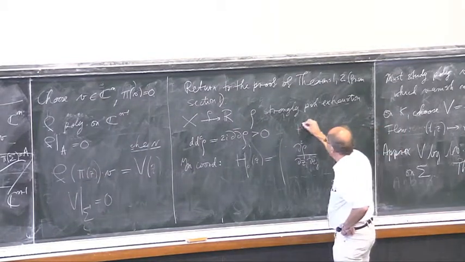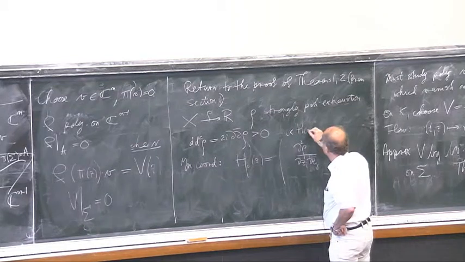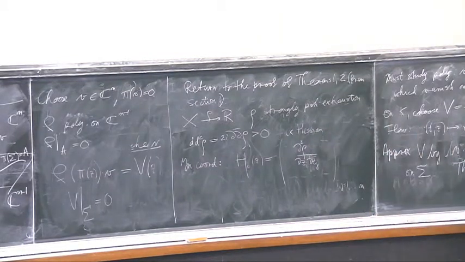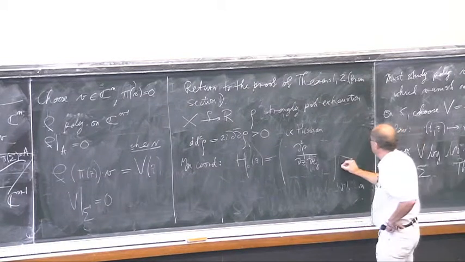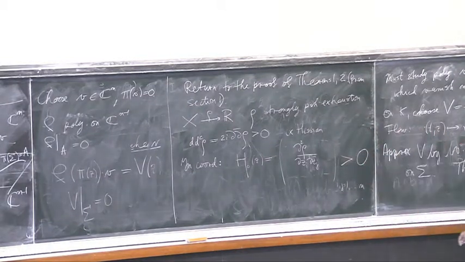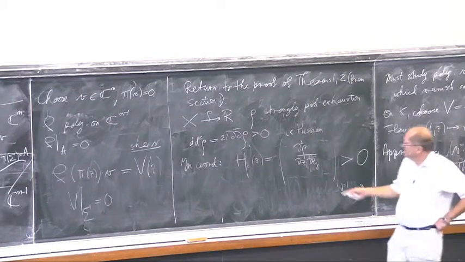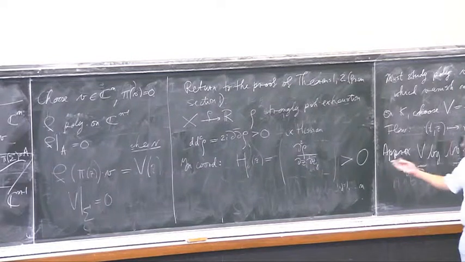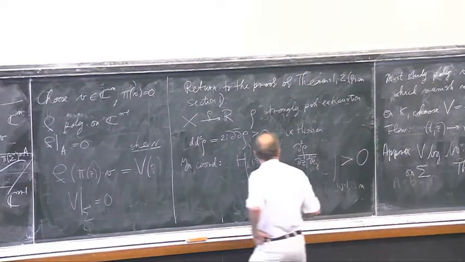This is called a complex Hessian. It's a Hermitian matrix, obviously. And this matrix is strictly positive definite. So it means all its eigenvalues, which are real, of course, since it's Hermitian, are strictly positive.